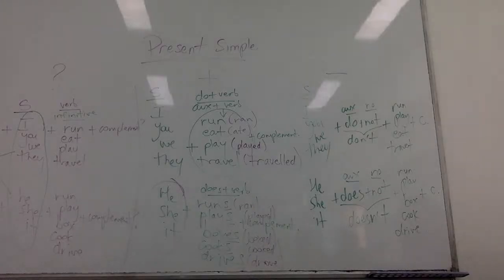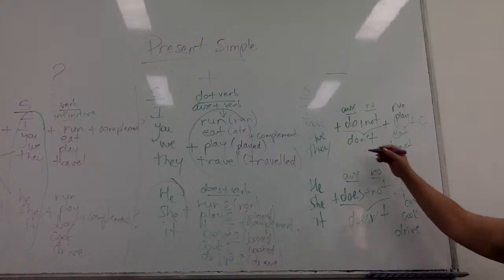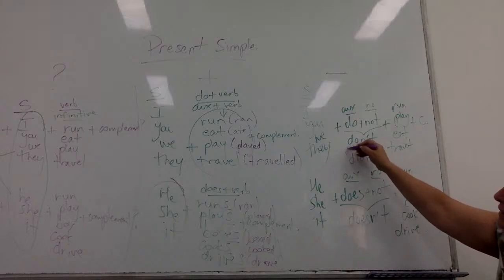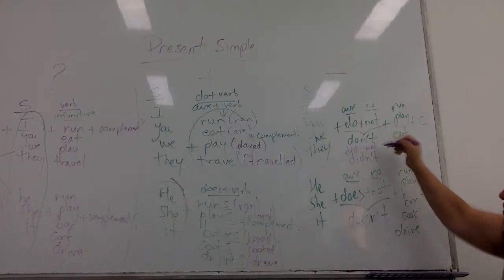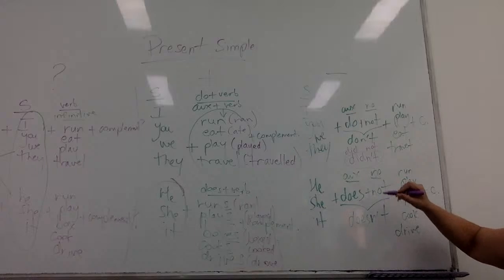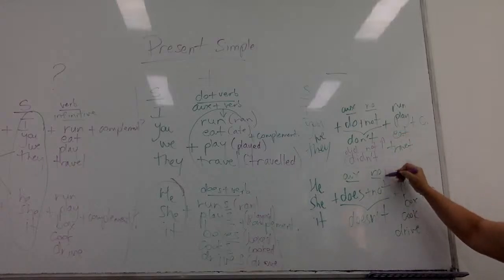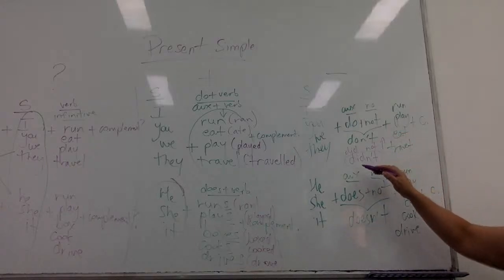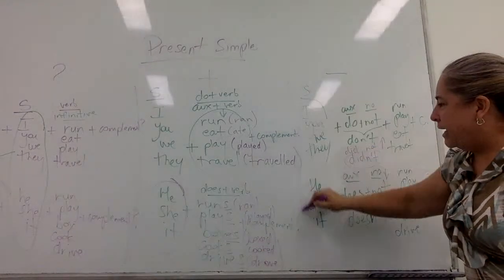And if we want to add past tense, what is the auxiliary of the past? Right? So did is the auxiliary, and I'm going to do the same. Didn't. And so here I'm going to say didn't, which is did and not together. I can use it here and here because we said didn't is for everyone.